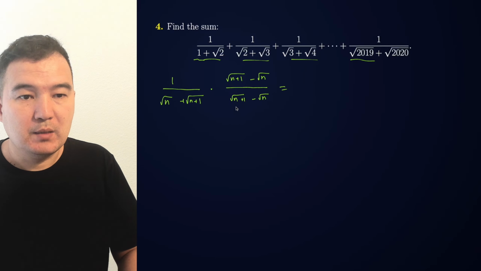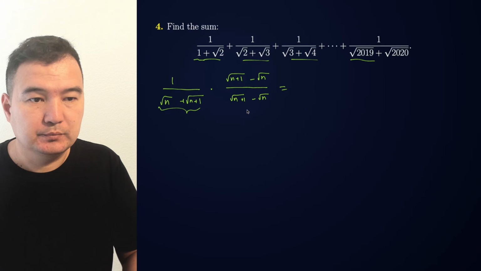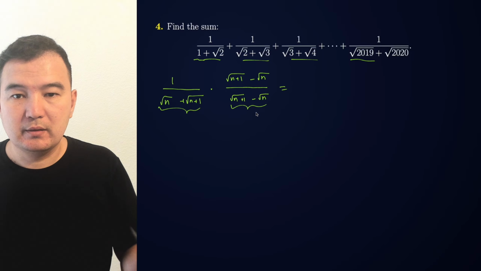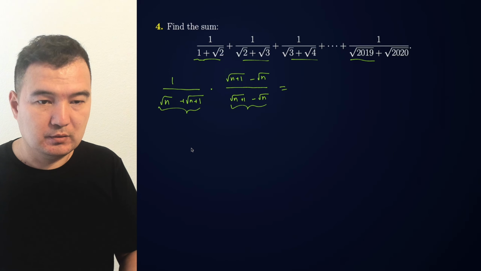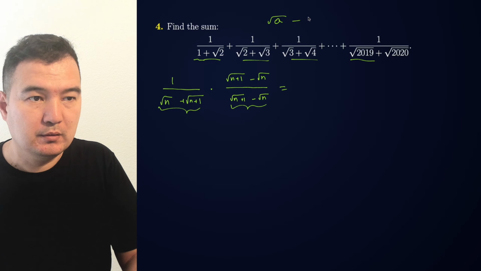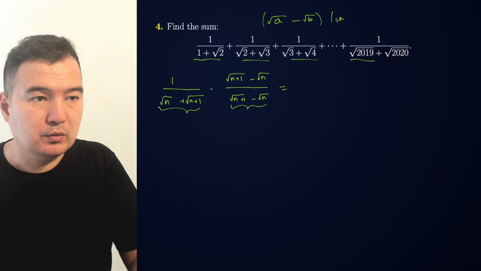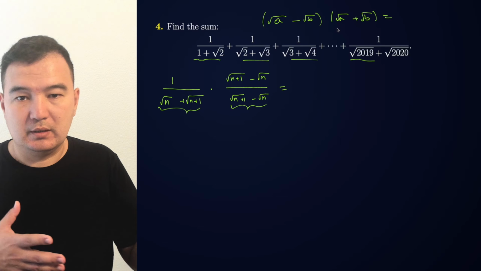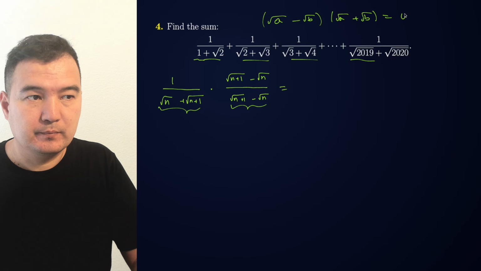So what happens when I multiply these two? The formula is the following, very simple one. Square root of a minus square root of b, multiplied by square root of a plus square root of b, gives you a minus b.